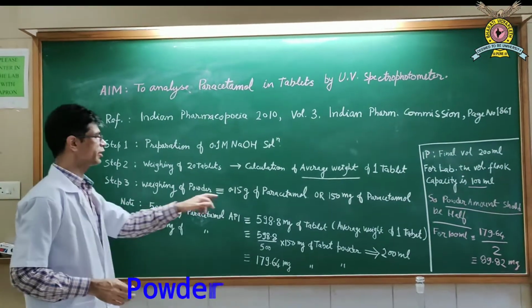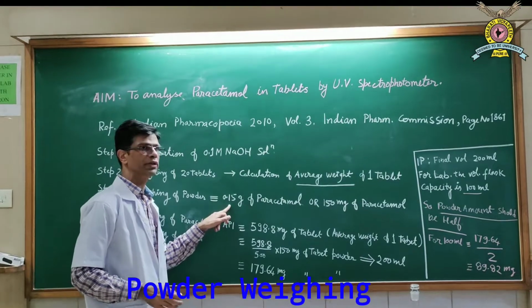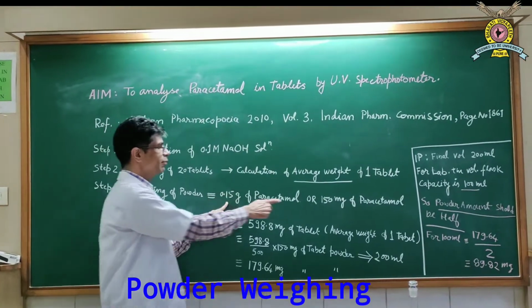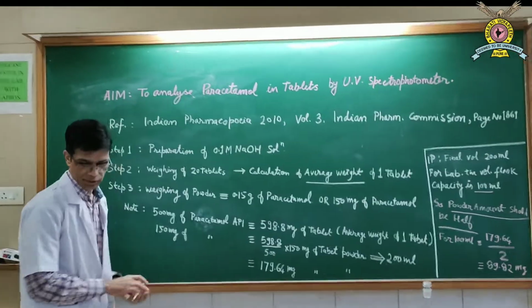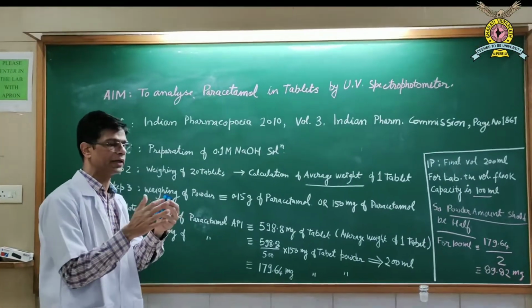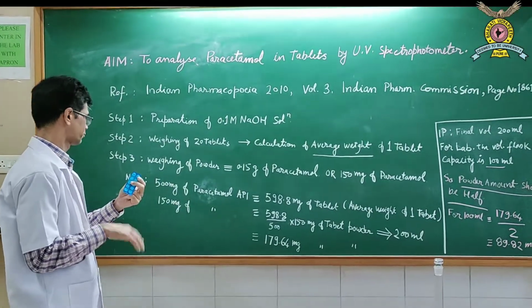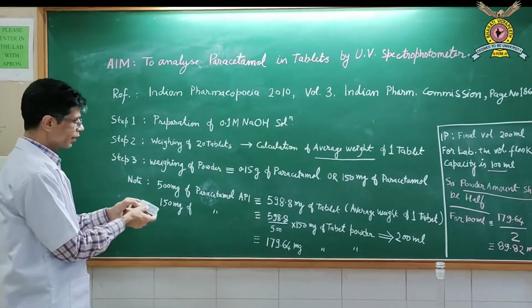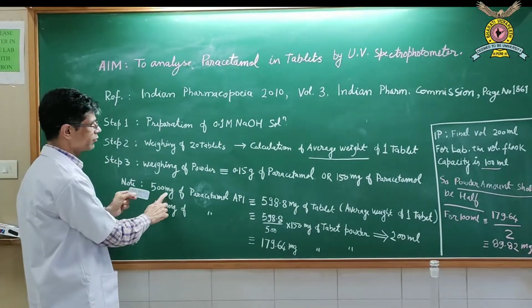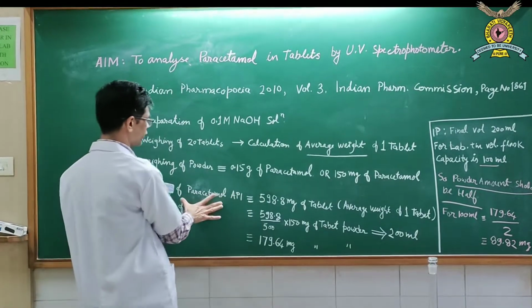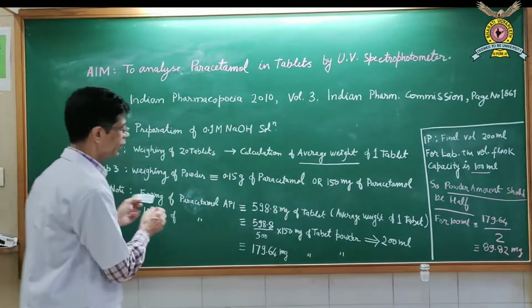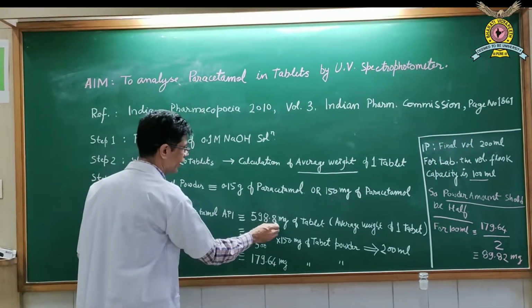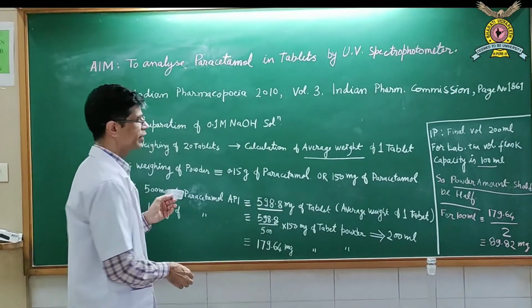Now, weighing of the powder. As per the Indian Pharmacopoeia, the powder weight should be 0.15 gram, that means 150 milligram of paracetamol. But this tablet contains API as well as excipient. If the label claim is 500 mg, when we weigh 500 mg of paracetamol tablet, the actual weight is 598.8 mg.